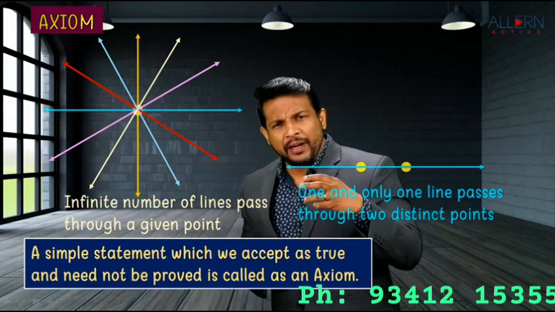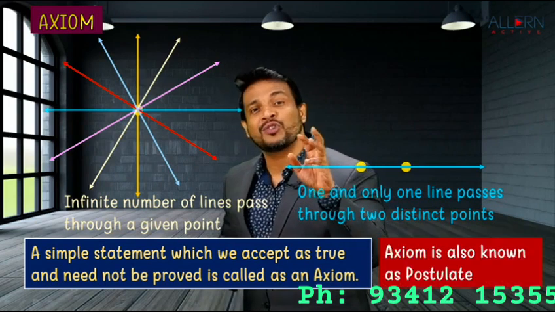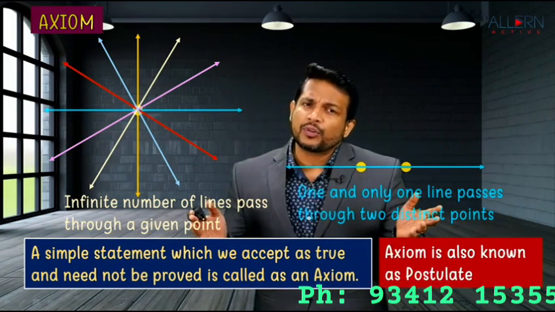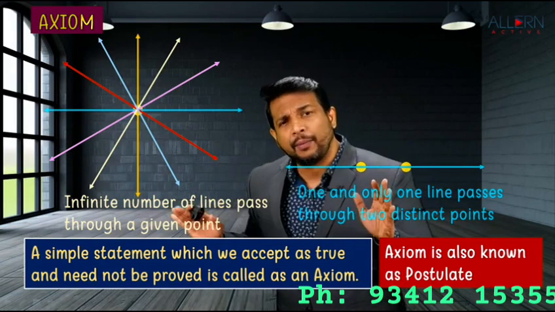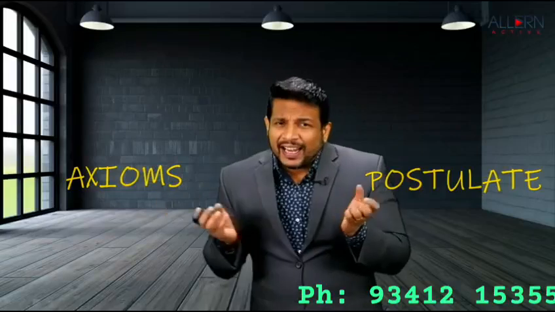And in today's modern geometry, axioms are also called postulates. Axioms and postulates in today's modern geometry are one and the same. But in Euclidean geometry, axioms and postulates are two different things. Both are general statements which we directly accept as true, but those were two different terms. Why?